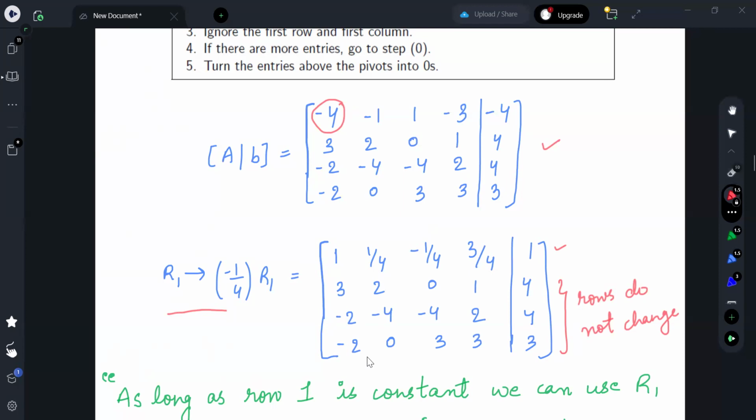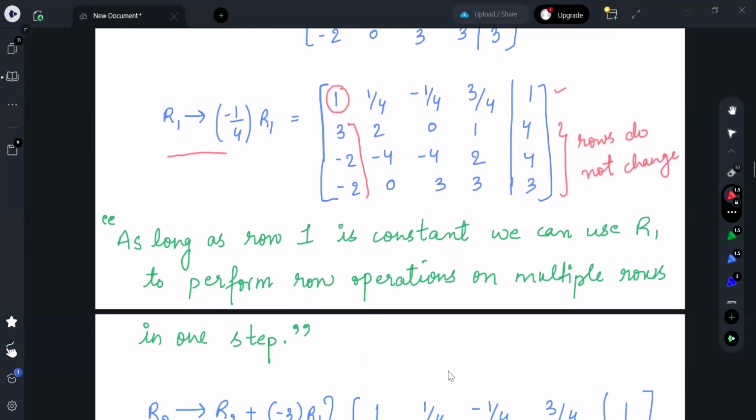Now, in this question, I'm trying to do something more advanced. You see, I have a 1 in my pivot entry here. I need to make everything below it a 0, right? As long as I'm using the same row to operate on other rows, I can combine my row operations in a single step and get this done quickly.